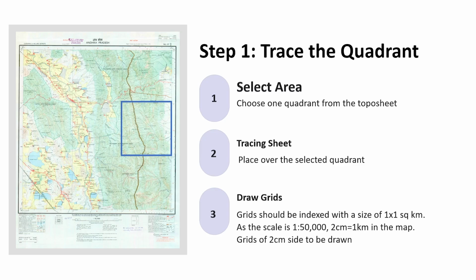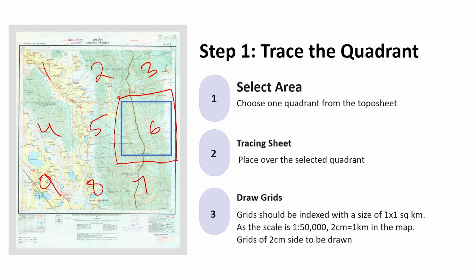Now that we have seen the topo sheet as well as the scale, let us see what we have to do. So, our first step is going to be selection of your area. Generally, topo sheet is divided into 9 parts. Okay.